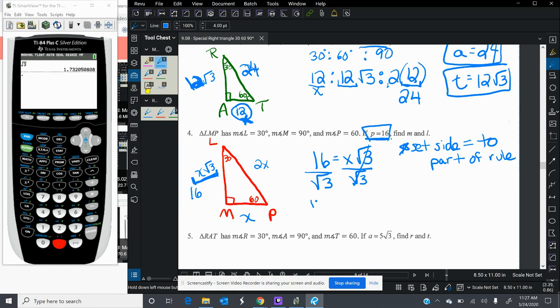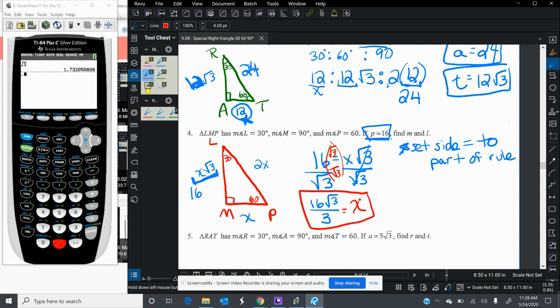So here, to rationalize, we have 16 square root of 3 over 3, because remember, and again, I can fast forward, multiply by radical 3 over radical 3. So we get 16 square root of 3, and the denominator is 3. And that gives us side x.